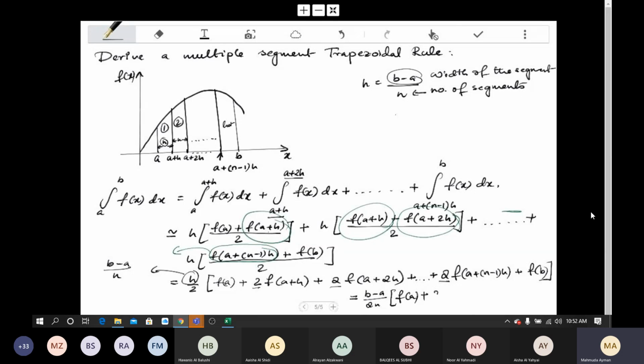So we take the 2 common and we sum all of these terms from i equals 1 until the n minus 1 term, all of f of a plus i times h. And then we add the f of b. So that's the formula for the multiple segment rule. So this is the final formula for the multiple segment rule.